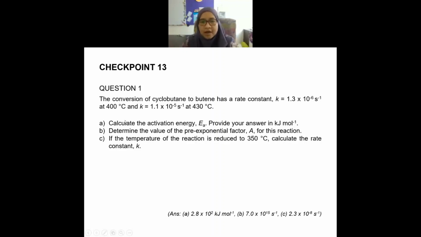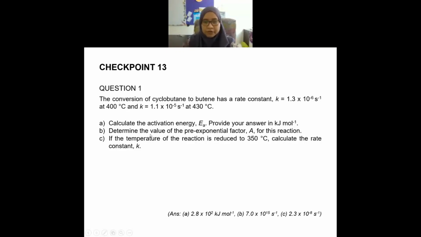Calculate the activation energy and provide your answer in kJ per mole. It means your first answer will be in J and then you convert into kJ. Don't forget to change the degree Celsius into Kelvin. Okay guys, that is very, very important. Need to be in Kelvin.